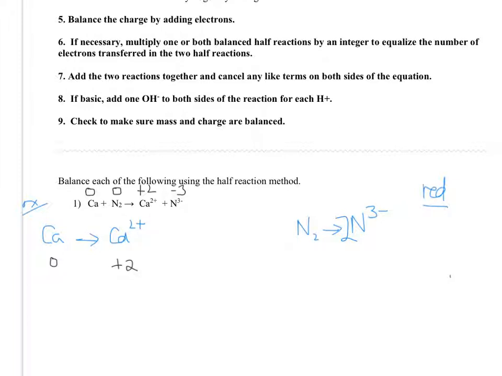Between those two, this side is more positive, so that's where you add your electrons. And in this case, we would need 2 electrons so that we can balance it, because then that would be a +2, this would be a -2 for a total of 0 there. Okay?